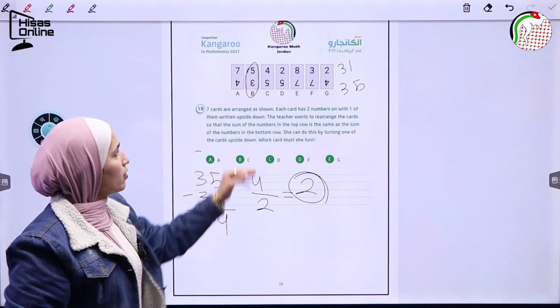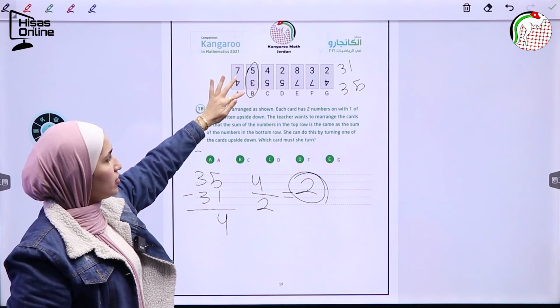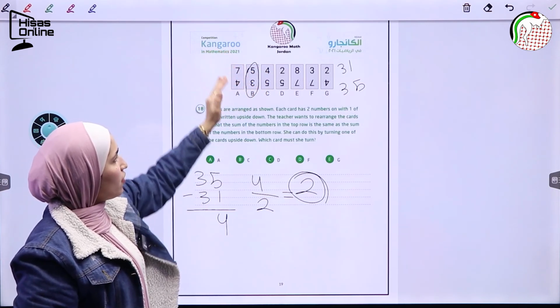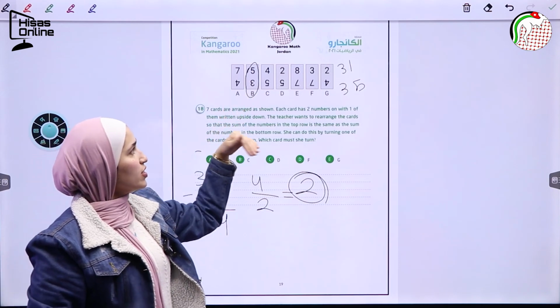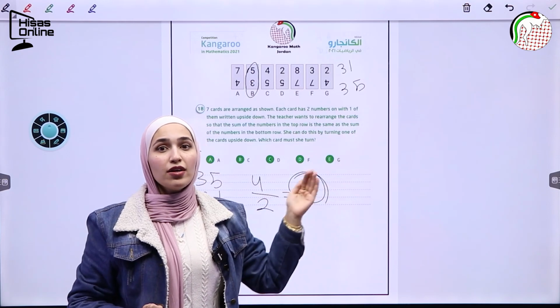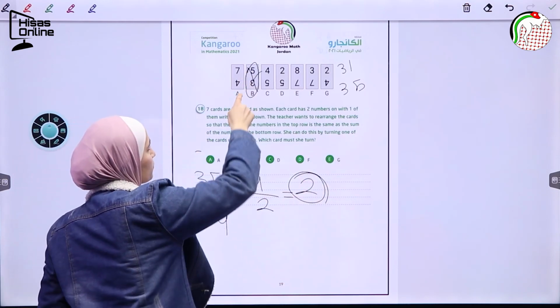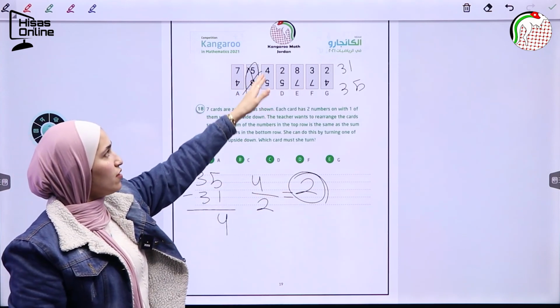But let's check. 5 is the greater number here between 5 and 3. So if you flip it, the 5 will be down. So that means you will increase the second row by 2, but you should decrease it by 2, so it doesn't work. What is the difference between 5 and 4?